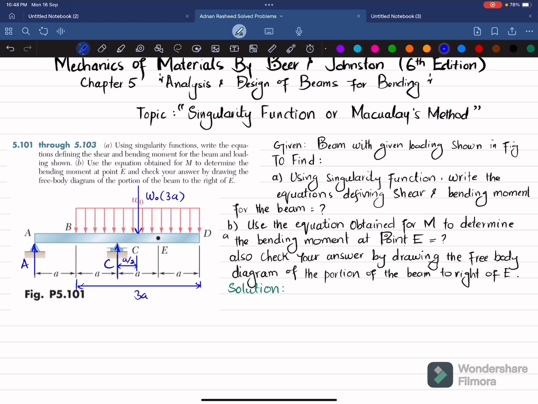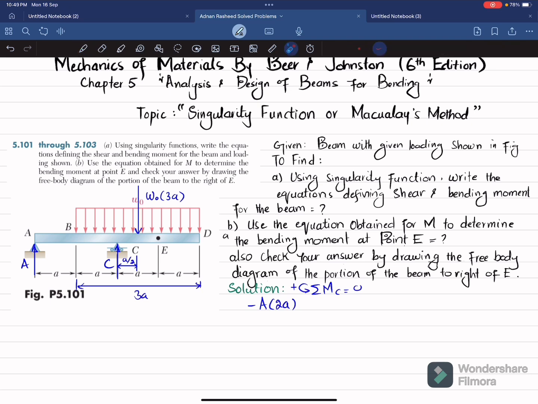Now we can apply the equation of equilibrium. So the first equation of equilibrium is that sum of all moment about point C is equal to 0, taking the counterclockwise moment as positive. So about point C, the first moment is this A force and perpendicular distance is 2A, and it is producing clockwise moment, so I will take it as negative. So I will write A multiplied by 2A and that is negative.